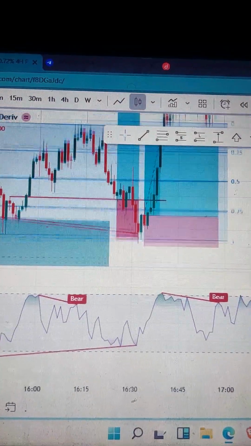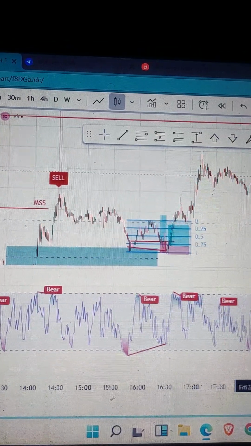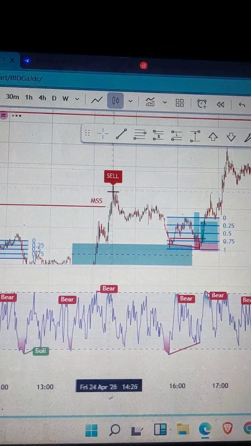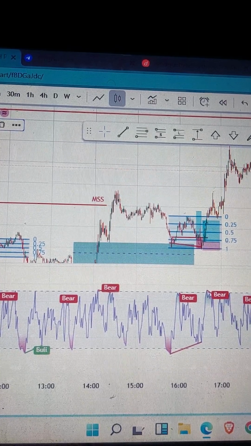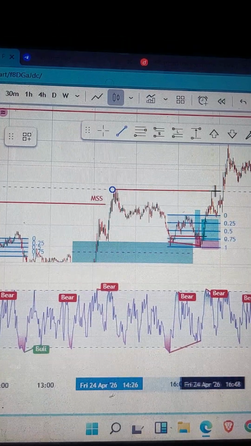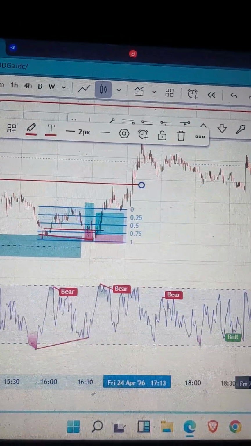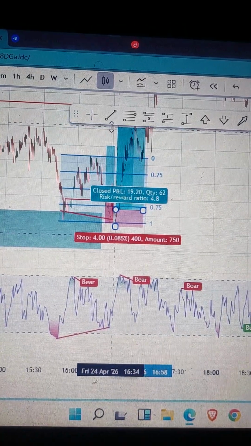So my first TP, where is it? Let me switch off this thing, I'm not using it right now. Actually, the first TP was a fixed risk reward ratio of 5. Does it get to 5? Around there.